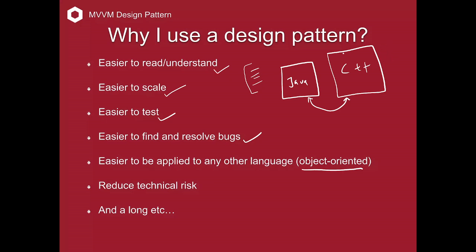I can extend it with C++ also. Like I'm using a builder, I can use the builder here also. I can continue extending the Java component in C++ using that design pattern, and also use some other design pattern.